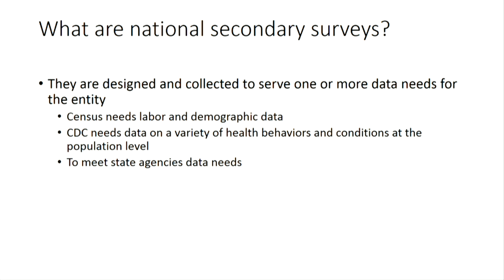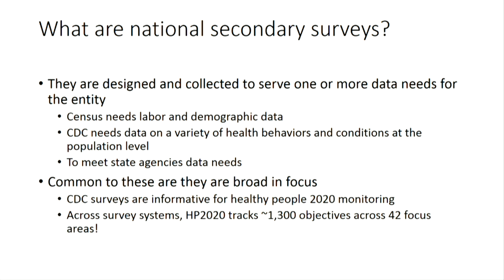CDC needs to collect a lot of data on various health behaviors and conditions at the population level, and likewise state agencies collect similar data to meet their needs. Common to these surveys at the national level and at the state level is that they're, by design, pretty broad in focus. And a lot of these surveys are designed to collect indicators to monitor progress towards the Healthy People 2020 objectives.